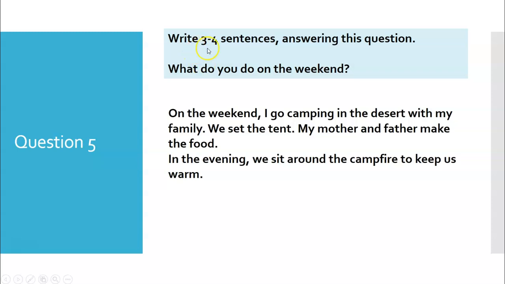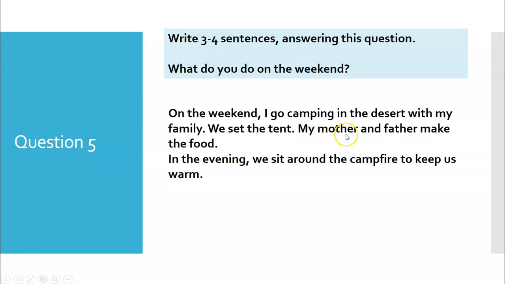For example, here you have write 3 or 4 sentences about this question. What do you do on the weekend? I simply say, on the weekend, I go camping in the desert with my family, full stop. So I have sentence 1. We set the tent, means we prepare the tent.